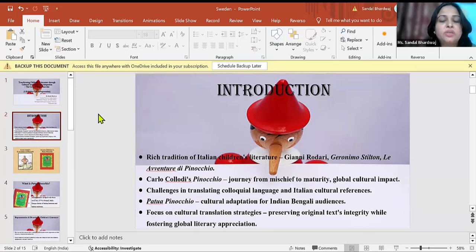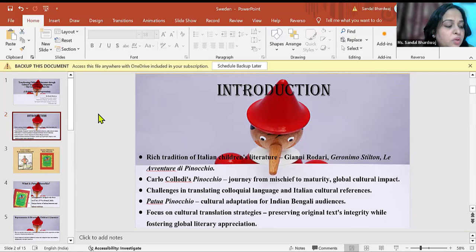So first, I would like to give you a brief introduction about Italian literature because the source text which I'm referring to is Carlo Collodi's, the Italian writer who wrote Le Avventure di Pinocchio, The Adventures of Pinocchio. Italian children's literature holds a rich tapestry of stories spanning centuries of narrative traditions and cultural nuances.